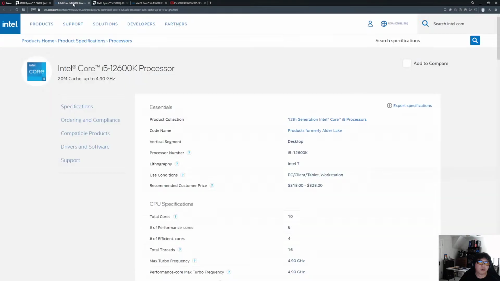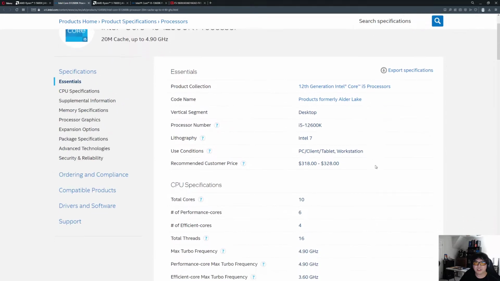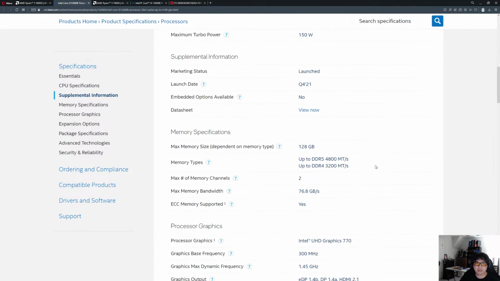If we compare this to Alder Lake, the Intel 12th gen, this was Intel's first CPU generation that added support for DDR5. If we look here, for Alder Lake DDR5, the maximum official supported memory speed was 4,800 megatransfers. Typically the way I interpret this is, the lower the maximum official spec is, the more challenging it will be if you try to run higher speeds.